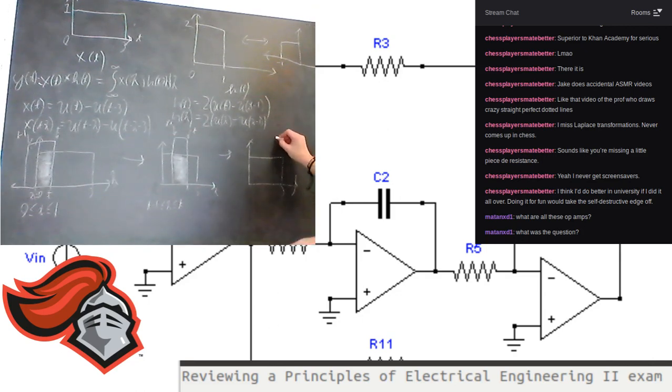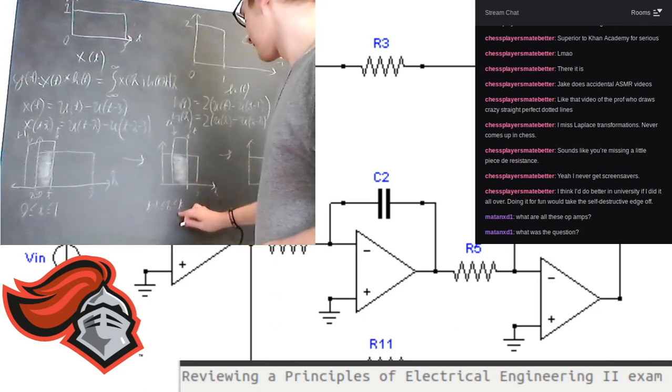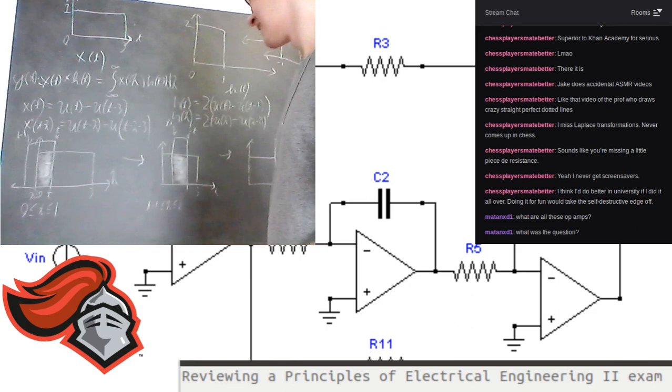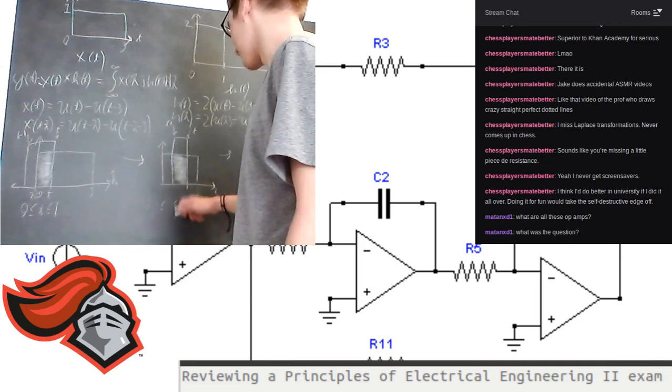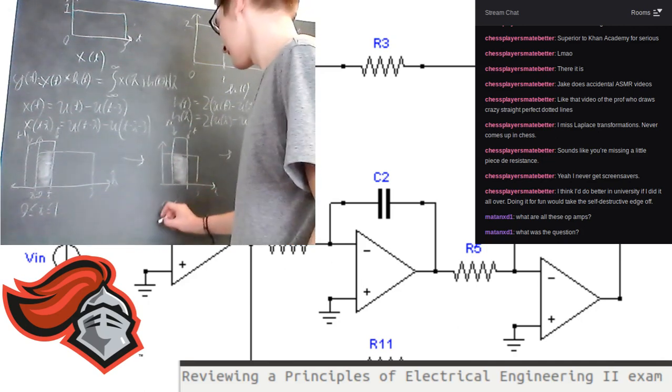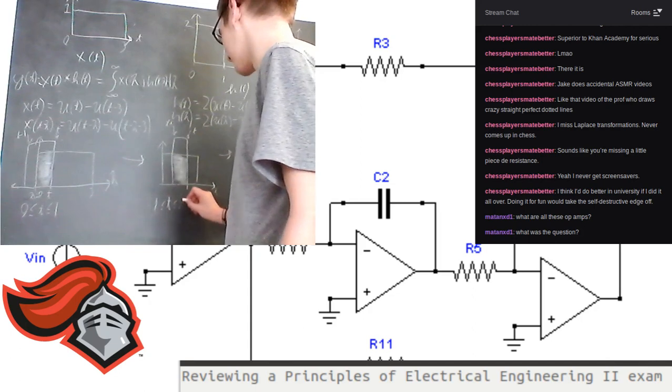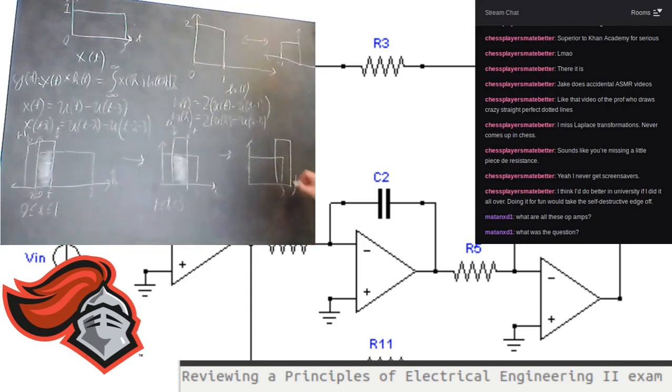I'm a fool. Yes, lambda goes from t minus 1 to t here, but the range of t's for which this is the case is t goes from 1 to 3. And then now we have this last case, which is t goes from 3 to 4.